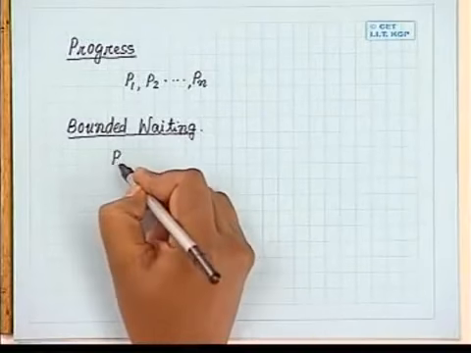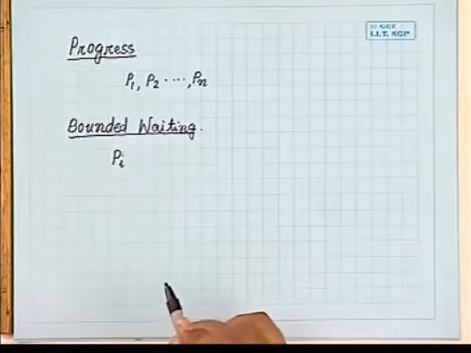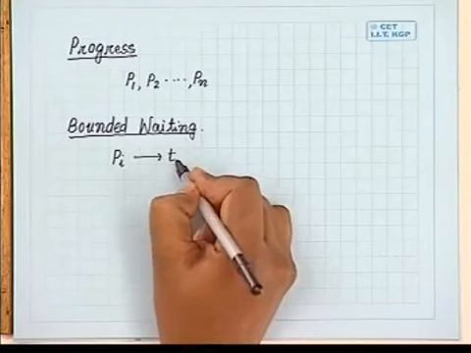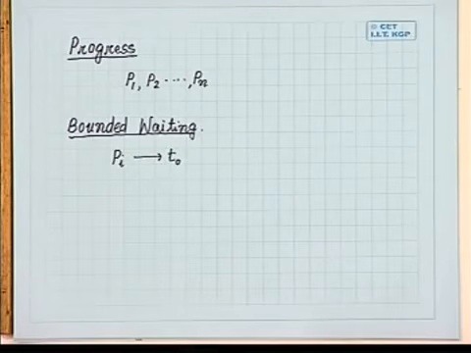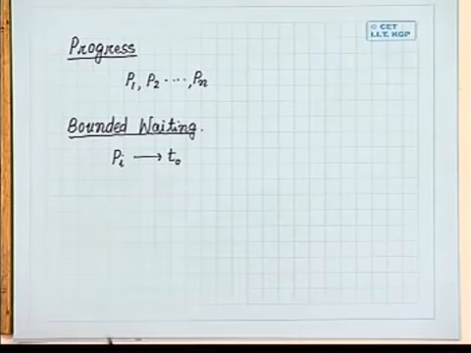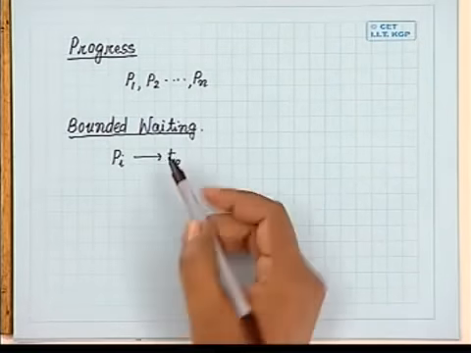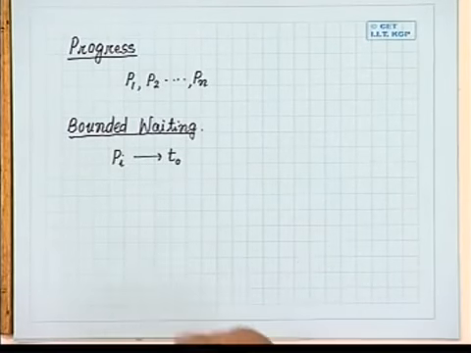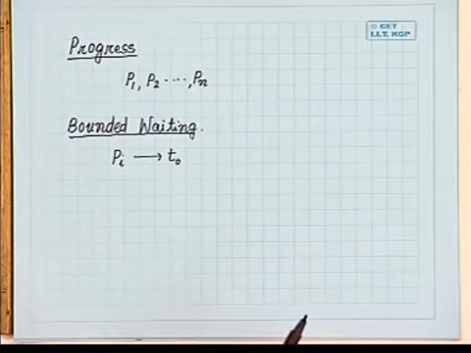So if a process Pi has put a request to enter the critical section at time say t naught, right? So at time t naught, Pi has just put a request that it wants to enter the critical section. It may not be able to enter the critical section immediately because there may be another process executing in the critical section.